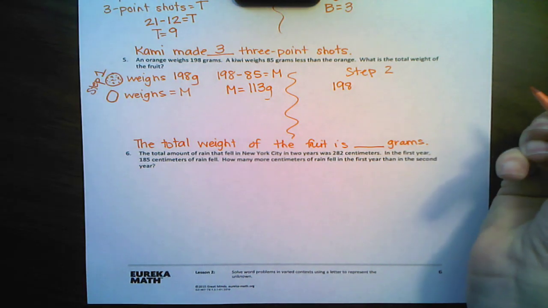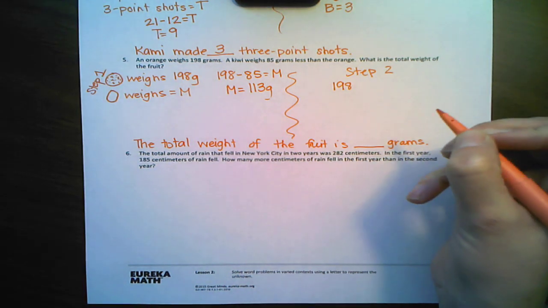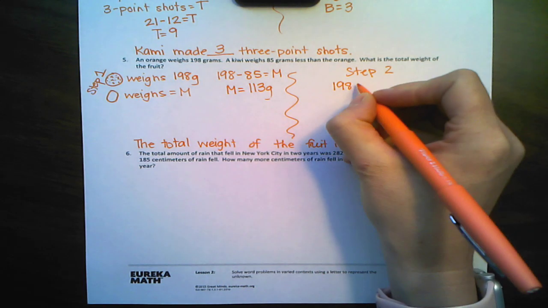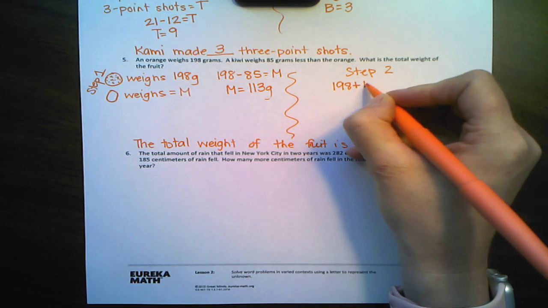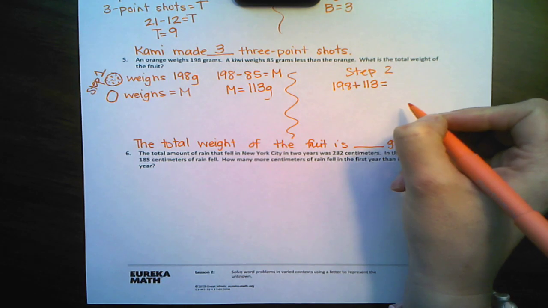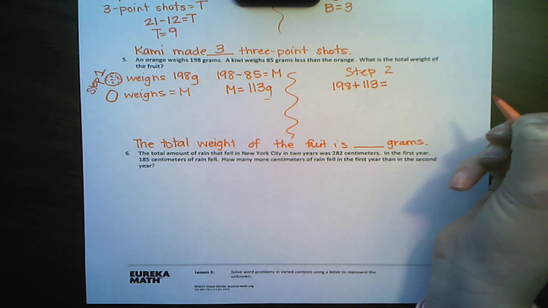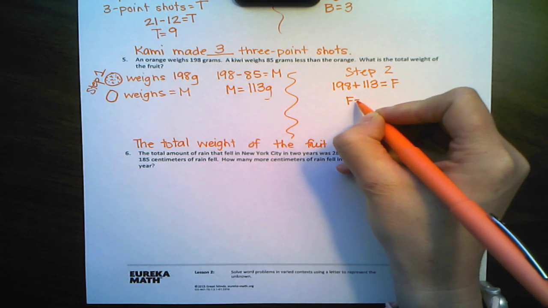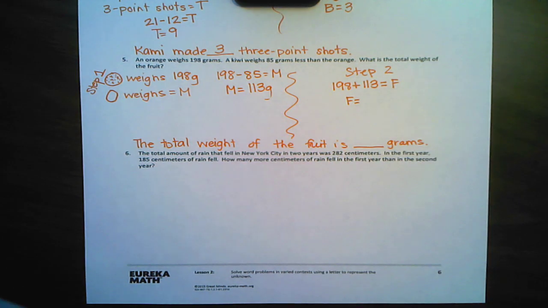In order to find the total, usually total signifies what operation? Yes, addition. We're going to add that 113 to figure out how much all of the fruit weighs together. Let's say F for fruit. The fruit weighs. Will you do that math for me real quick? See what you get. Come back to me.